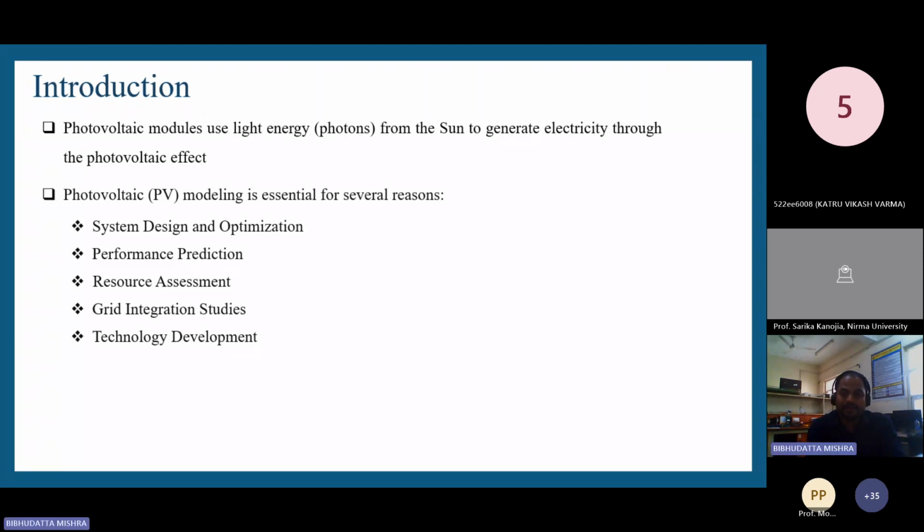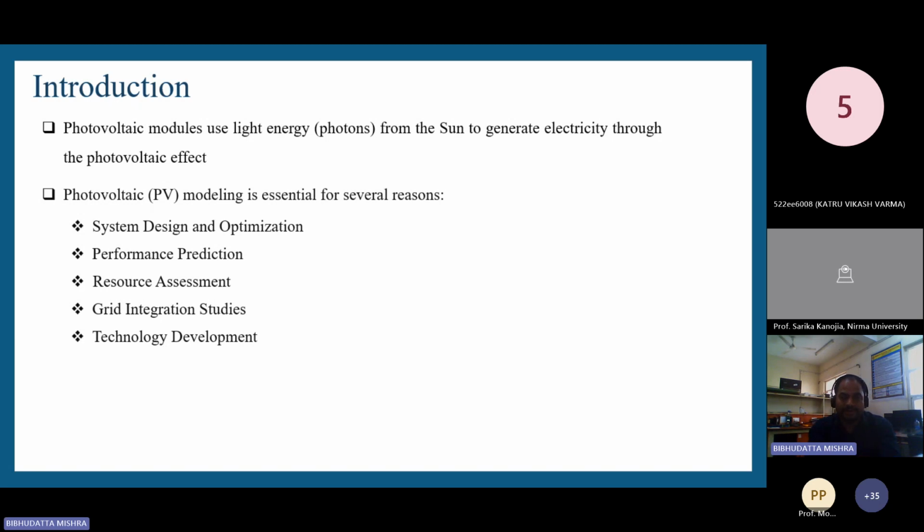Regarding the modeling part of this PV panel, it includes different aspects like system design and optimization. PV modeling helps in designing or optimizing a solar PV system for maximum efficiency and performance by simulating different configurations, orientations, and components, so we can determine the most suitable design for the specific location. Similarly, performance predictions.